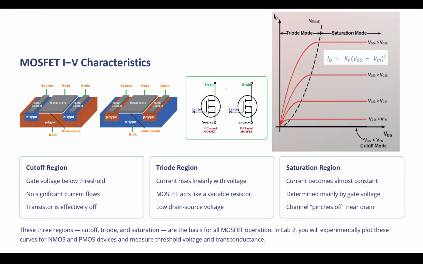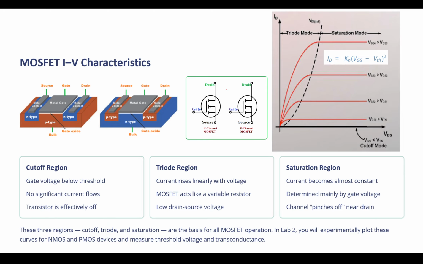The other one is drain, and the third one is the gate. Okay, source and drain are basically the pins that your main signal, you want to call it power signal, would transfer through.